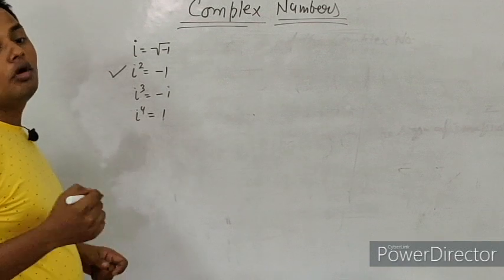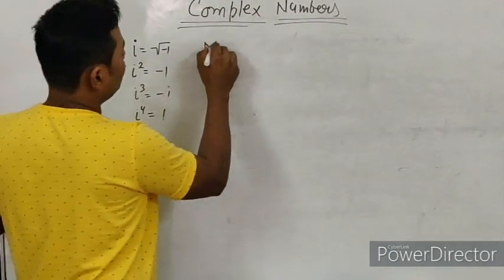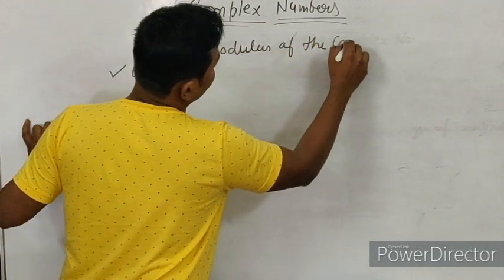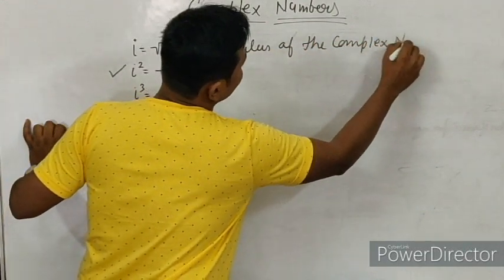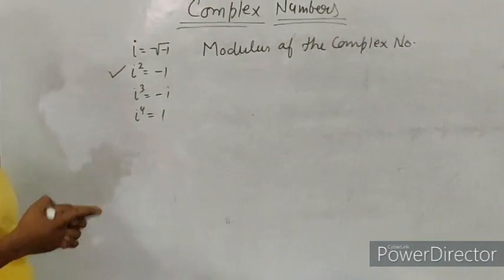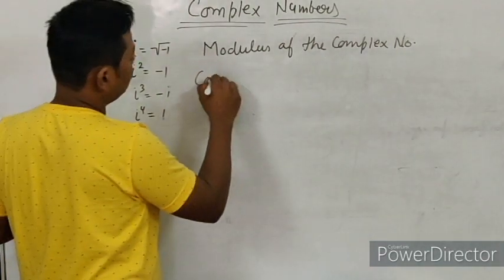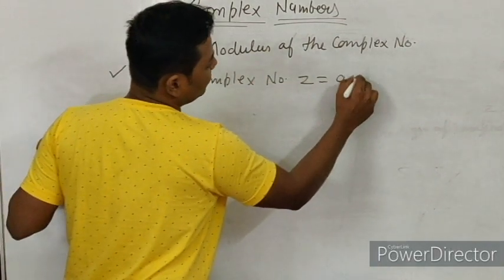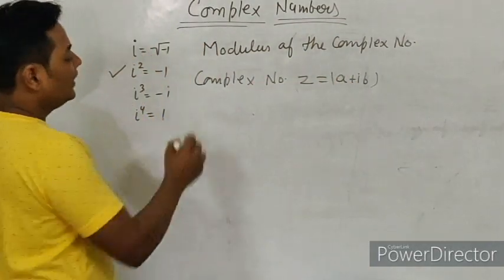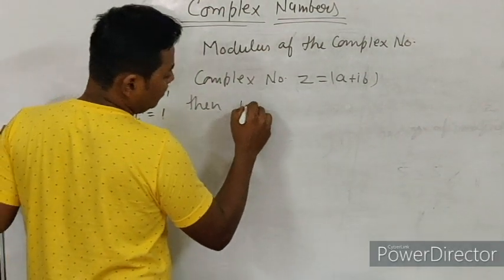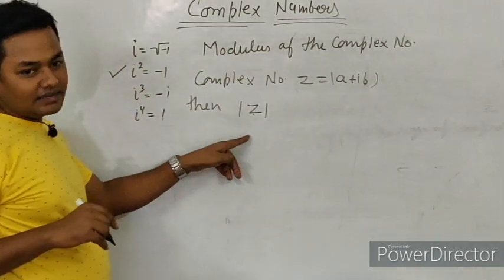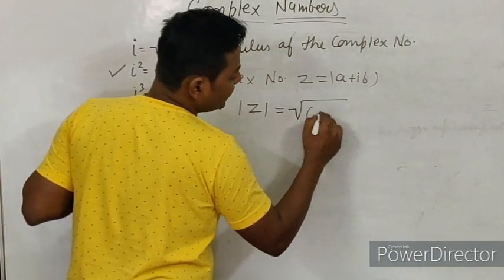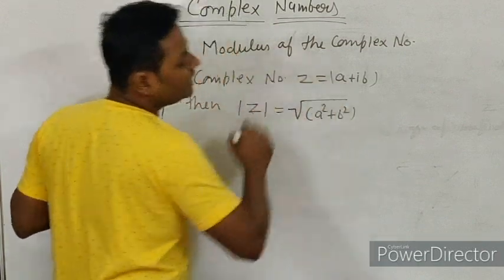Next term is the modulus of the complex number. If you talk about the modulus of the complex number, then the complex number z is equal to a plus ib, and the modulus of z is equal to the under root of a square plus b square.